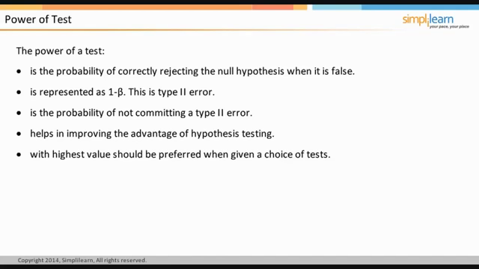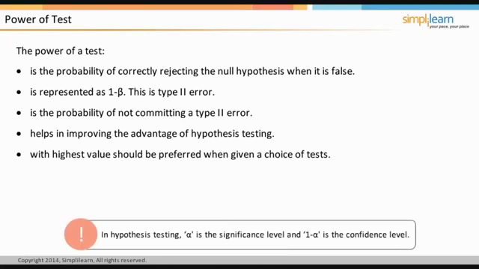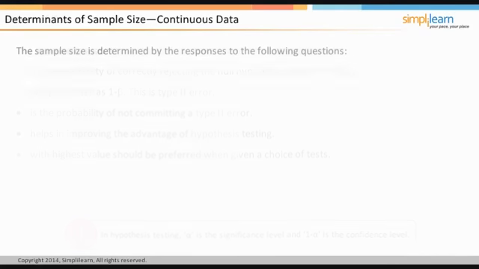This will increase the type 2 error. To decrease this error, the quality assurance team has to increase the sample size. In hypothesis testing, alpha is called the significance level, and 1 minus alpha is called the confidence level of the test. In the next screen, we will focus on the determinants of sample size for continuous data.